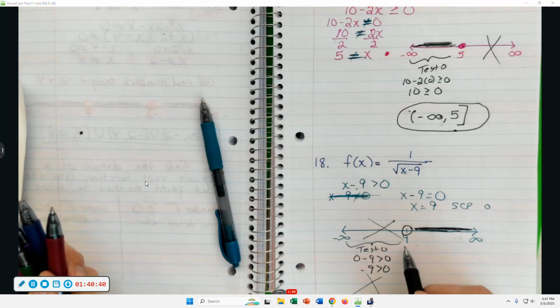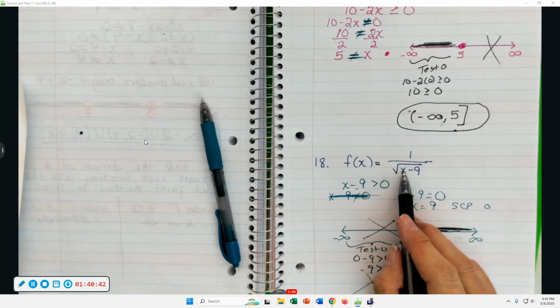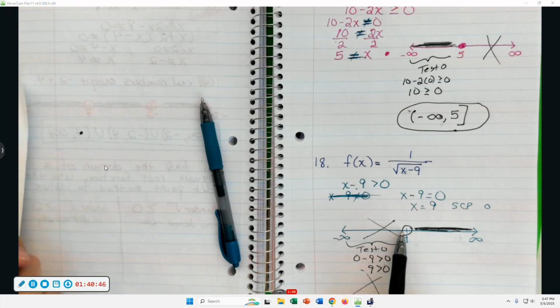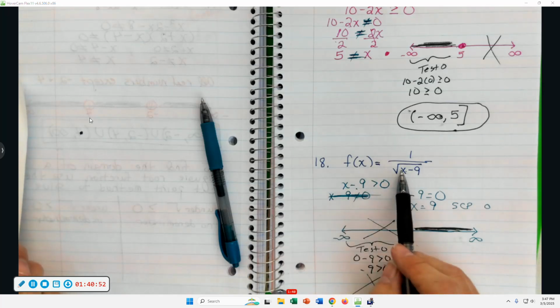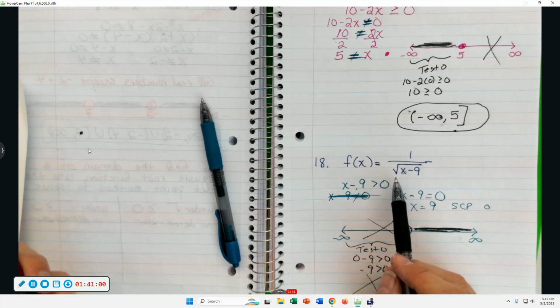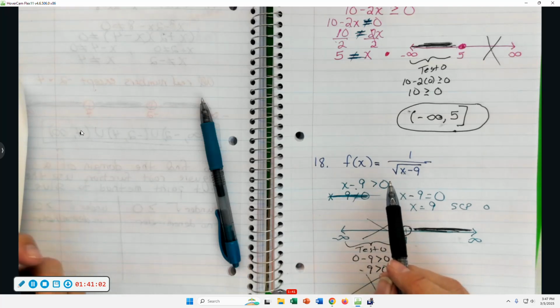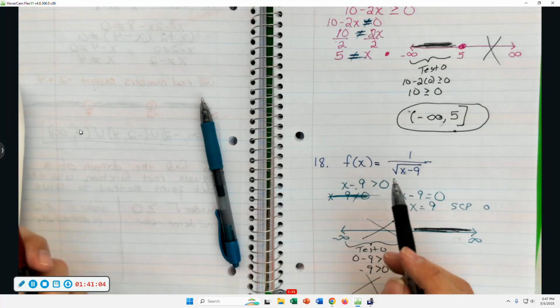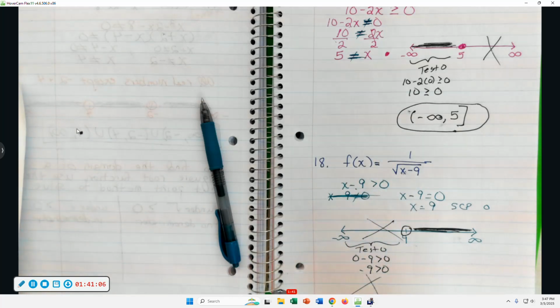We can't plug a 9 in because then we'd have an undefined 1 over 0. We can't plug numbers smaller than 9 in because then we'd get an imaginary number. Like if we plugged a 0 in, we'd get square root of negative 9. That's a 3i. No. The reason we spent time at the beginning discussing imaginary numbers is basically so we can spend the rest of the time saying, oh, we don't want imaginary numbers.